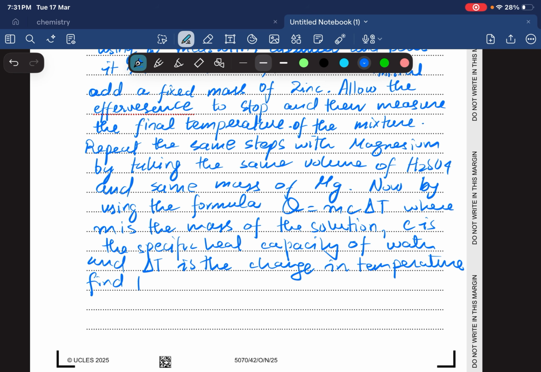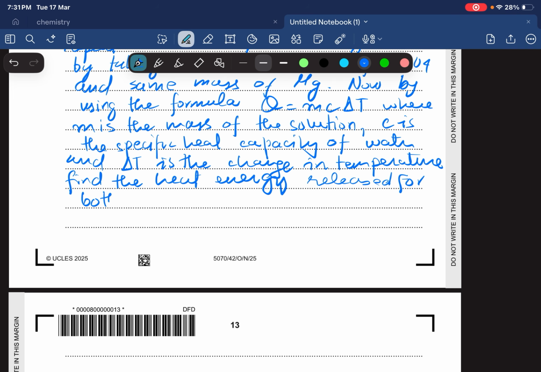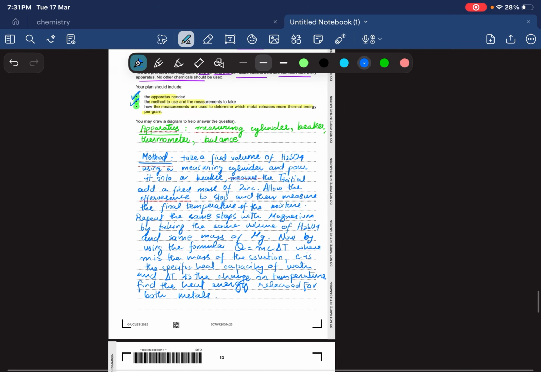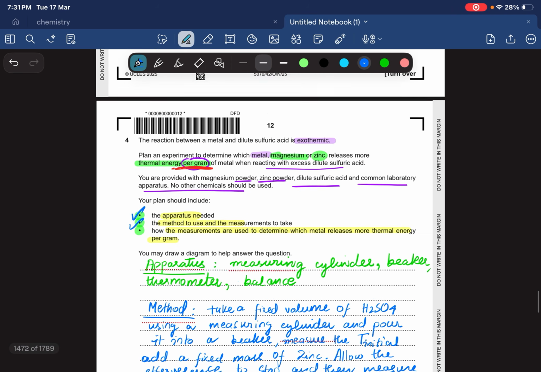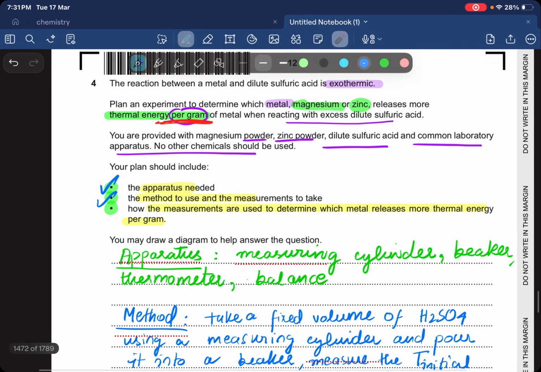I'm writing everything, I don't want my marks to be cut off. Find the heat energy released for both metals. Done. Second point, method, I've described it in my own words. I know it was a little lengthy, but I don't care about the length as long as I'm writing everything that needs to be there.